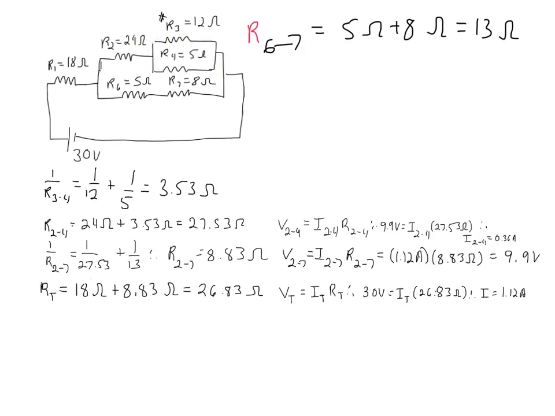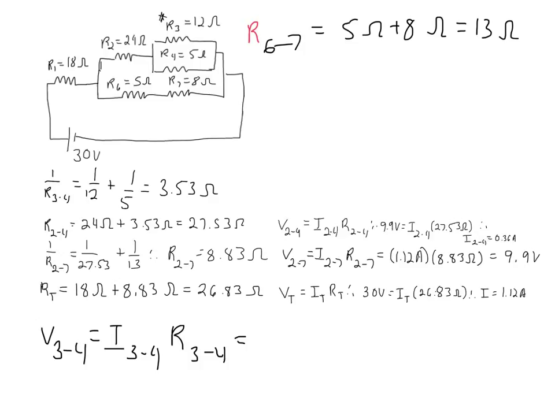So now we need to find, since these are in series, the voltage drop across each. So we're going to find the voltage drop across 3 and 4 using the current we just found, I of 2 through 4, because that's the current through 3 and 4. So we're going to say voltage 3 through 4 equals I 3 through 4, which is 0.36 amps, times the resistance of 3 through 4, which we found earlier to be 3.53 ohms.